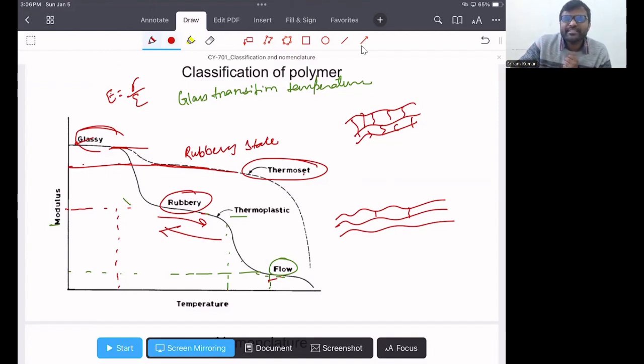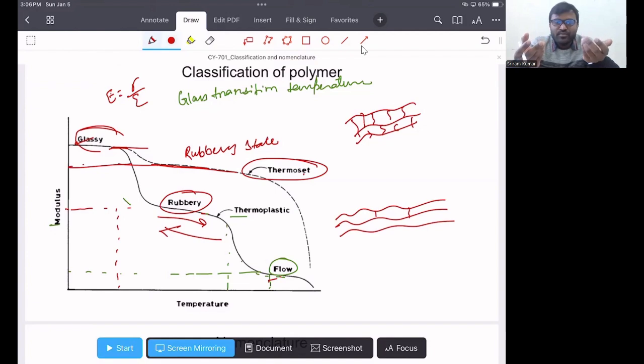We can understand thermoplastics with an example: we all have candles in our home, and candle wax is a thermoplastic, because if you heat candle wax, it becomes very soft, so you can make some kind of structure, and if you cool it down, it becomes solid.